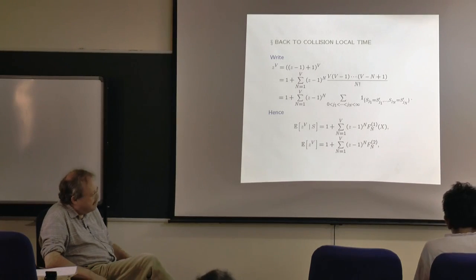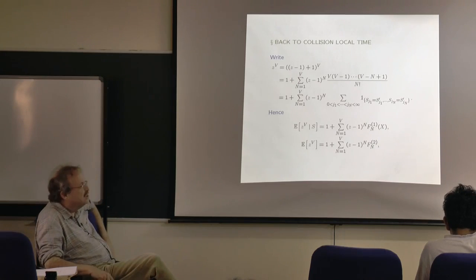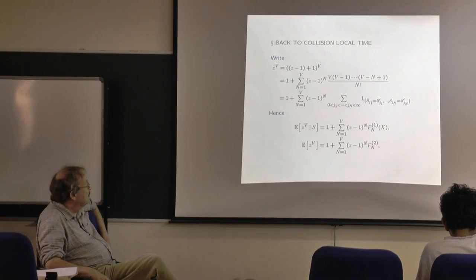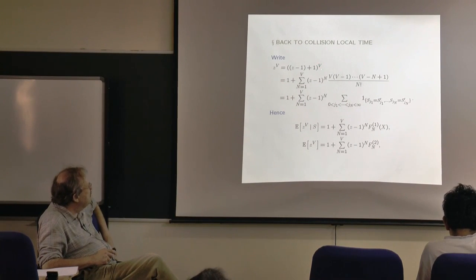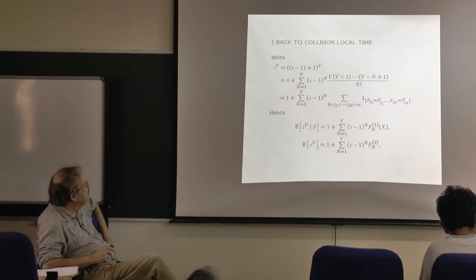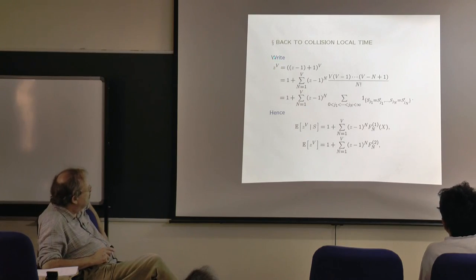Now, we're going to return to this collision local time of these two random walks. So remember that V was the number of times that the two walks meet. And we were interested in taking the expectation of Z to the V, either averaging over both walks or averaging over one walk and keeping the other walk fixed, and to then study when these expectations would explode, for what critical values Z1 and Z2 they would respectively explode.